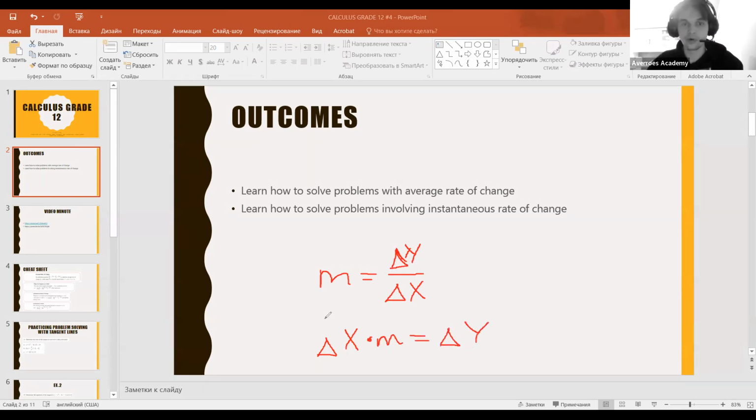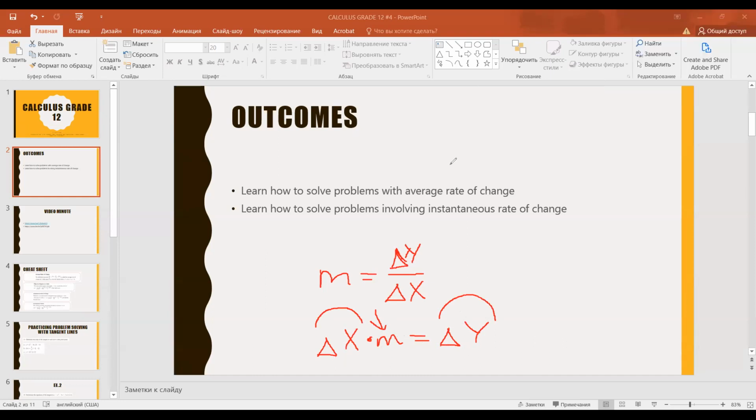So basically, over some change of delta x, we get a certain value of delta y, and m is the coefficient that determines how the function would change over run, right? Any questions about this? No. Perfect.